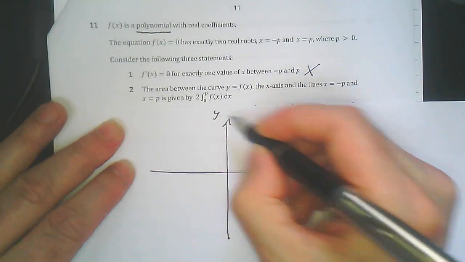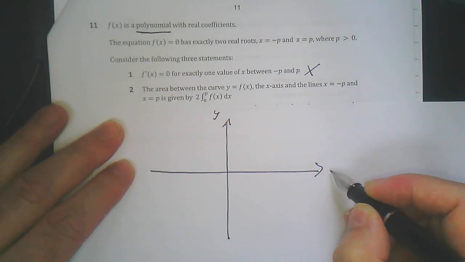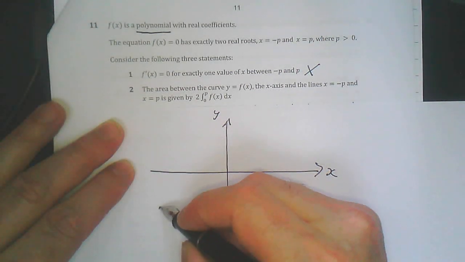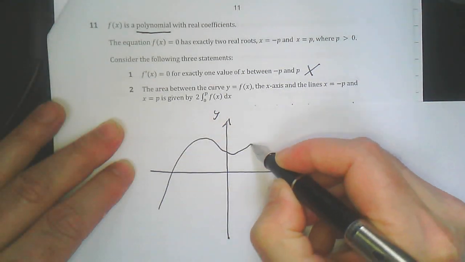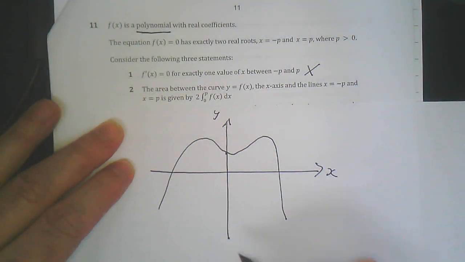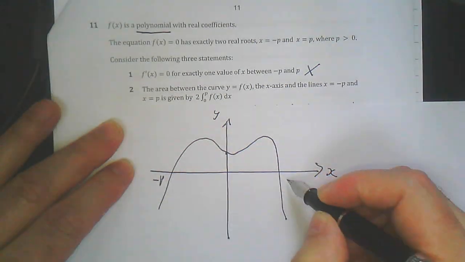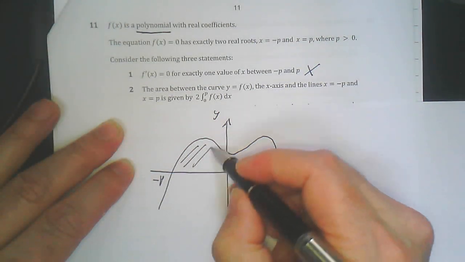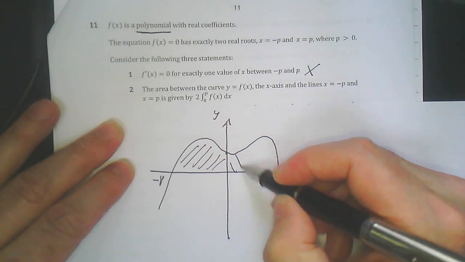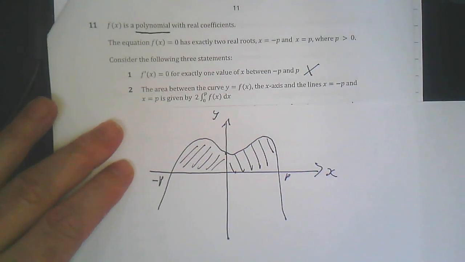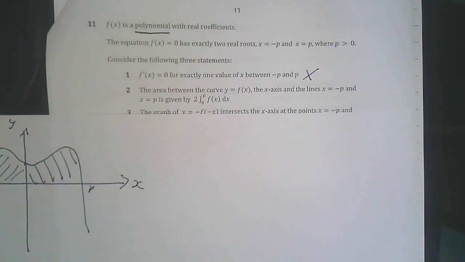So if you had something along the lines of this, something that's supposed to be symmetric about there, that's your minus p and your plus p. Clearly, the idea that they're suggesting is that the area there is the same as that area there. But, of course, in reality, it needn't be.